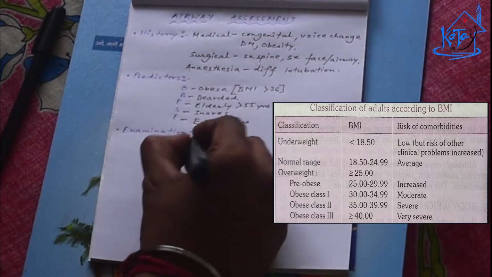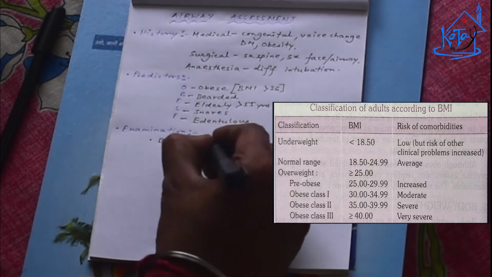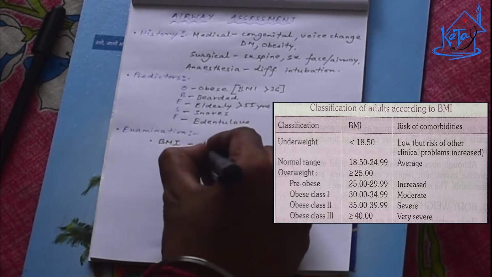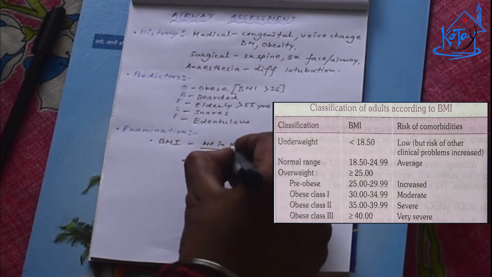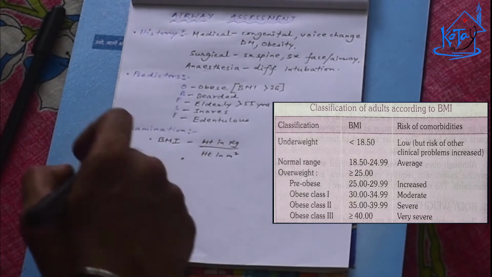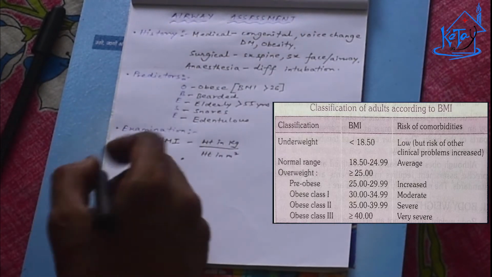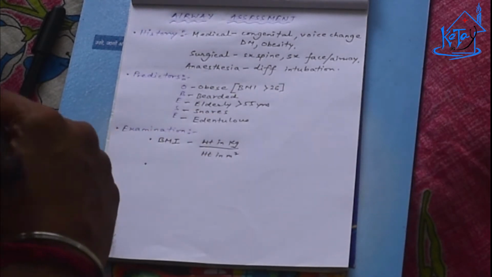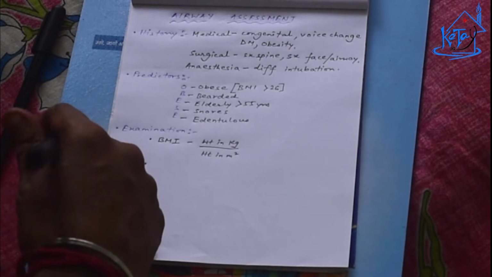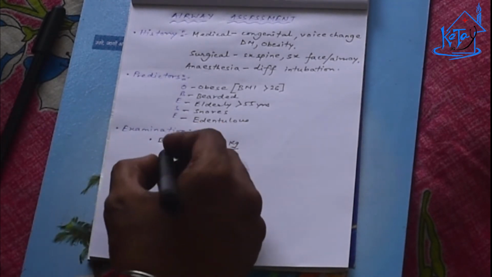BMI is weight in kg divided by height in meter square. Now you can see the table of the BMI on the right side of the screen. For any obese patient, we should be aware of his or her BMI before we intubate.